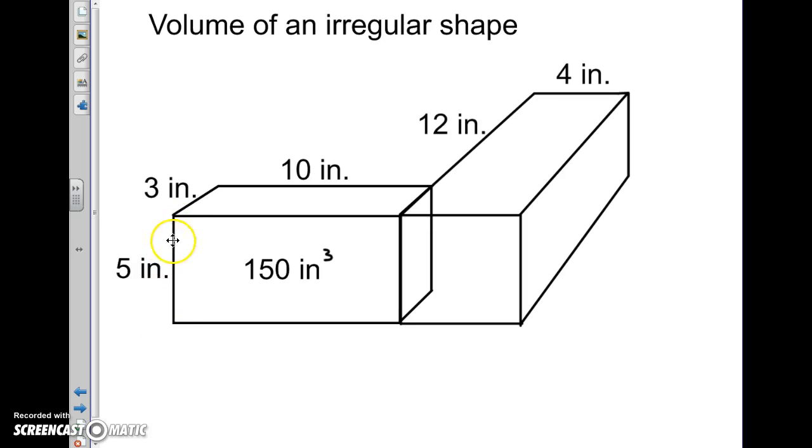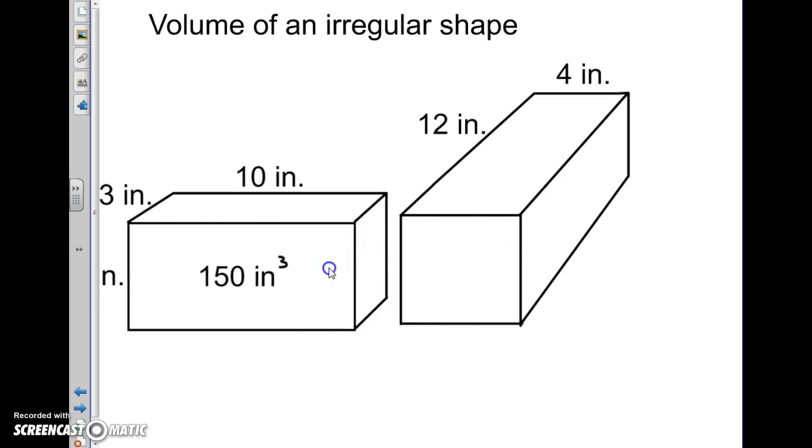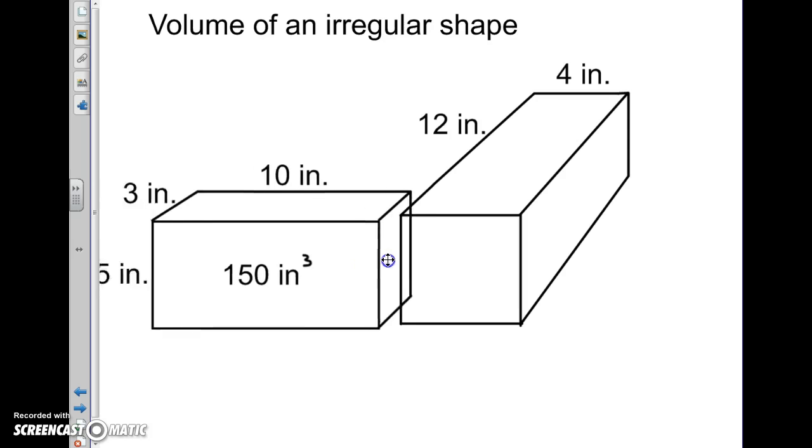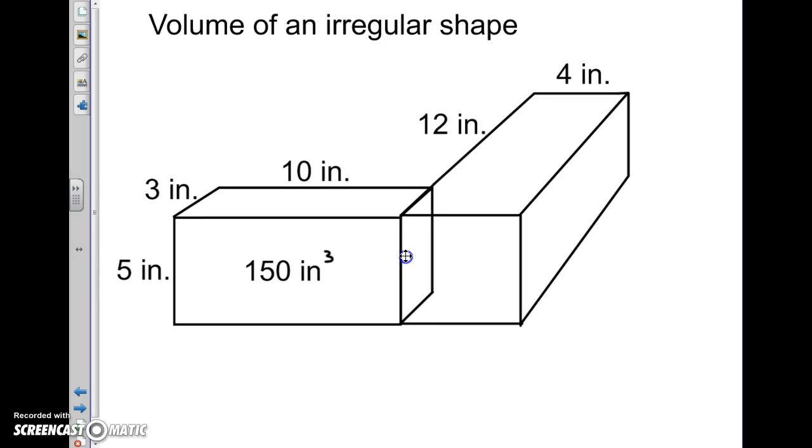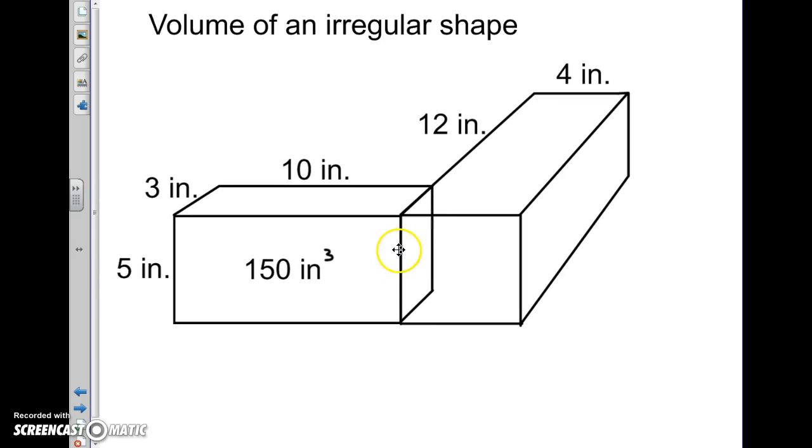So this edge right here is the same as this, right? Because it's a rectangular prism. It's the same as this, which is matched up with this edge, which is adjacent to this edge. So the height here, which of course is a rectangular prism, which means all of the heights are going to be the same, which means that this is going to be a height of 5 as well.